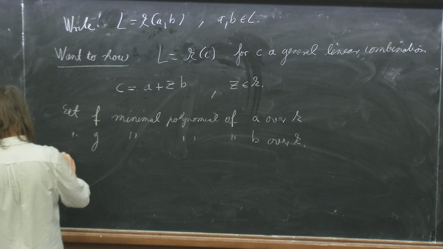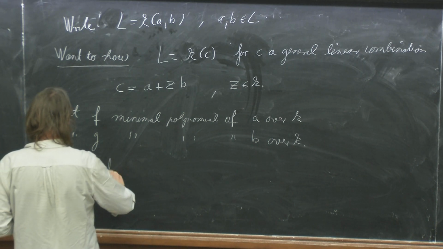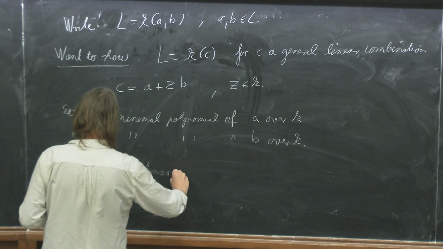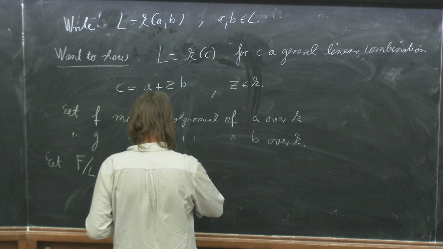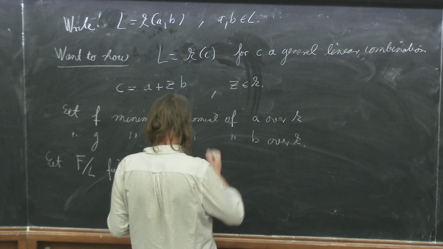And now we take an extension where both of them split. So let F over L be a field extension where both f and g split into linear factors.